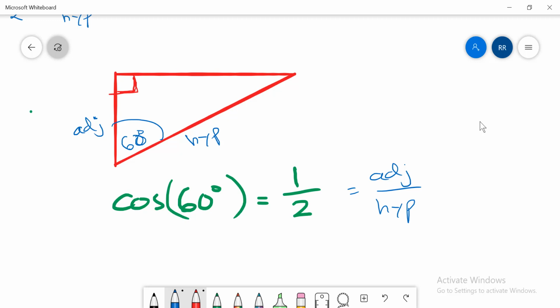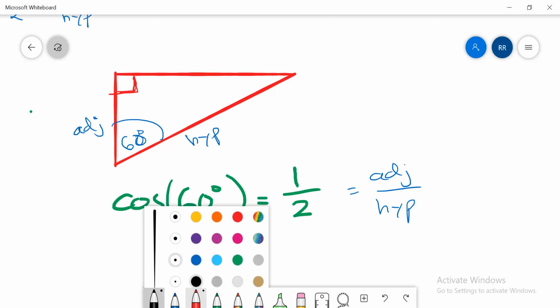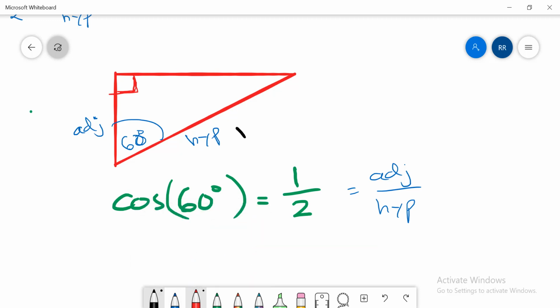It means that the hypotenuse will be twice the adjacent. If I put a number here, let's say I know that the hypotenuse is 12 centimeter. Because we know that we have a 60° angle in here, the adjacent of this side here will be half of this, right? So this will be 6 centimeter.